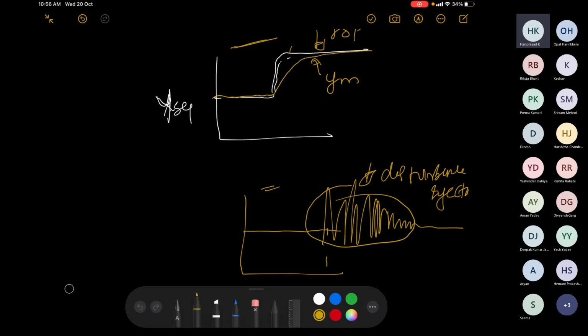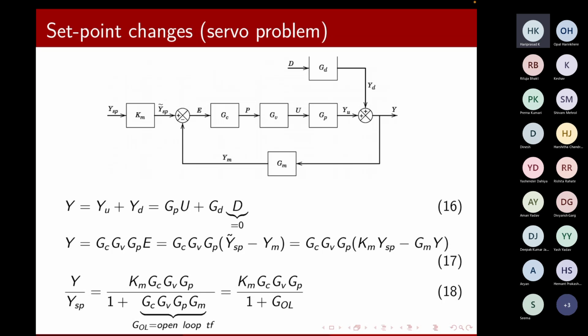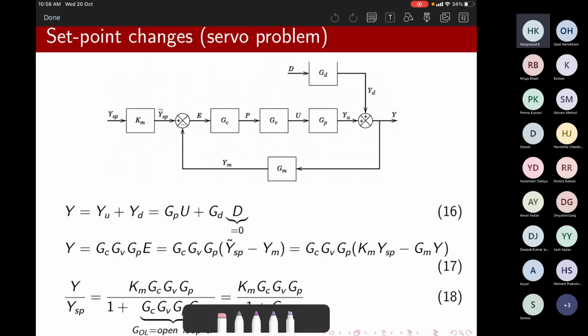The main difference comes in your transfer function. When you model your transfer function, it's always going from front to back. We are now looking at servo. First of all, let's look at y. Y is a summation of yd and yu, yu plus yd.